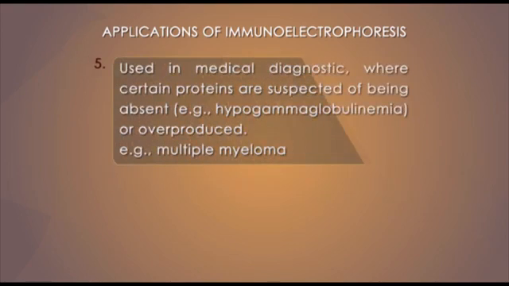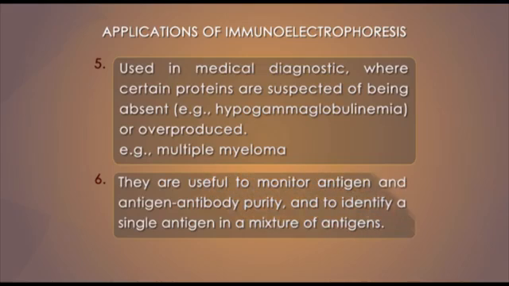5. Used in medical diagnostics where certain proteins are suspected of being absent, for example hypoglycemia, or overproduced, for example multiple myeloma. 6. They are useful to monitor antigen and antigen-antibody purity and to identify a single antigen in a mixture of antigens. 7.